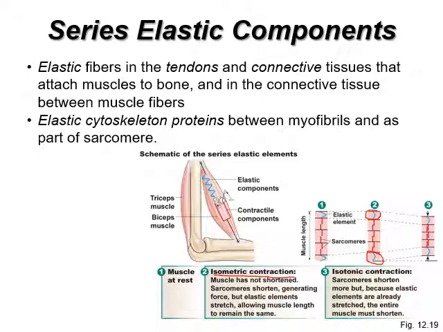Okay. With isotonic, we do stretch the elastic component, but we're also able to overcome the load, so we're able to contract the muscles even further, and therefore we're able to get shortening, and we get our isotonic contraction.